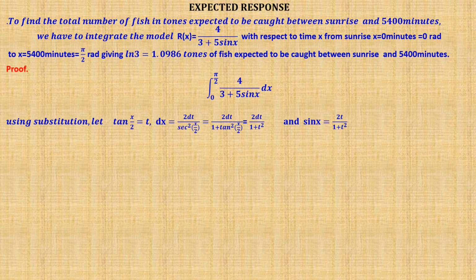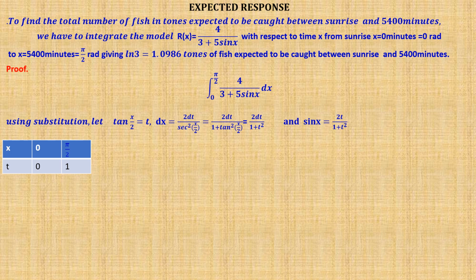That's why I will get dx as 2 dt over (1 + t squared). And then when I go back to the right angled triangle, tan substitution will call for the t formula. So when I go back to the t formula, sin x will be 2t over (1 + t squared). If you want a derivation, check the video about the t formula.